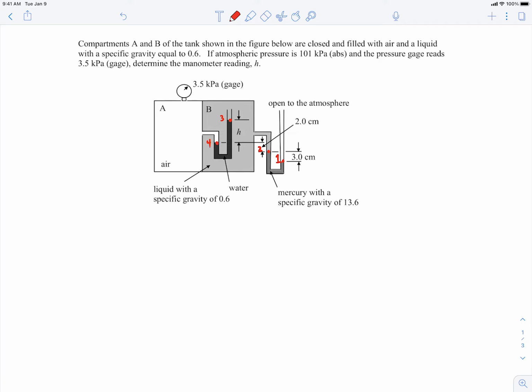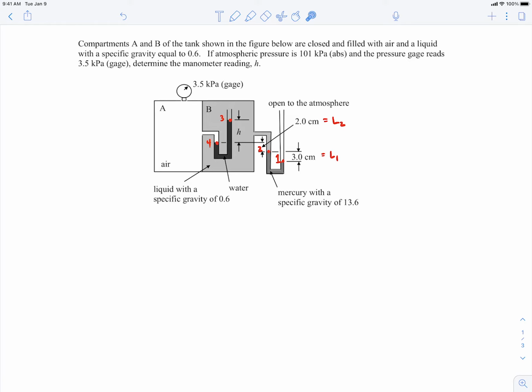It's just to help us with some notation. Also, to make things a little easier, instead of putting the numbers in, I'm going to put some different distances here. We're going to call this 3 centimeters L1. We'll call the 2 centimeters here L2. Of course, we already have H listed there, so we don't need to rename that one.